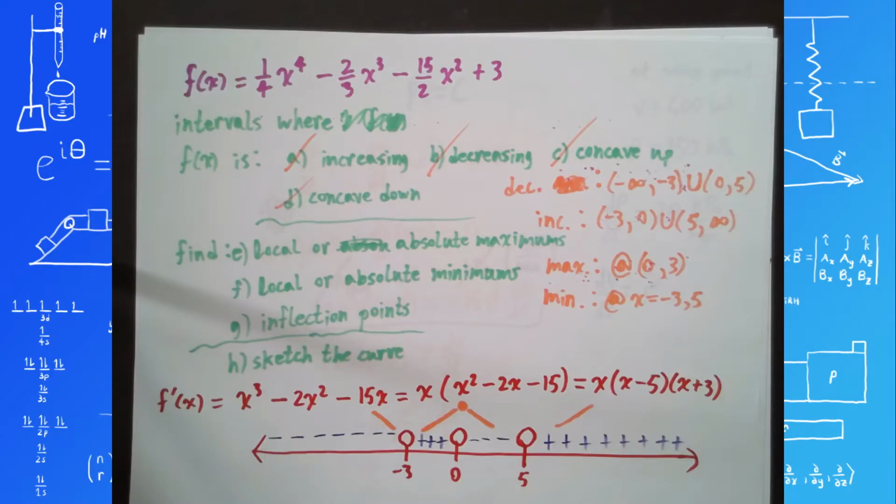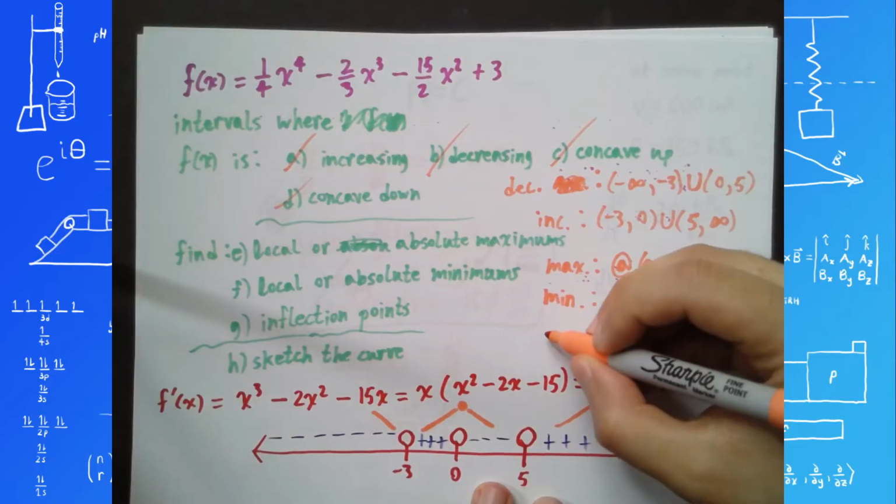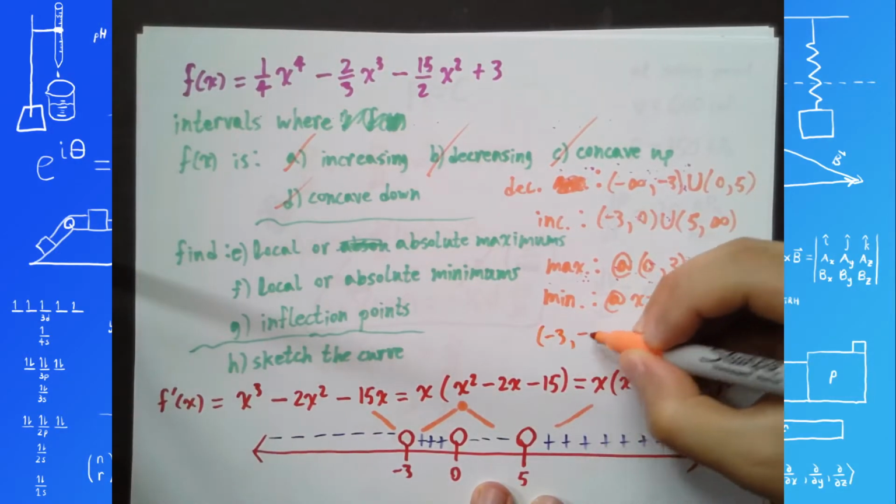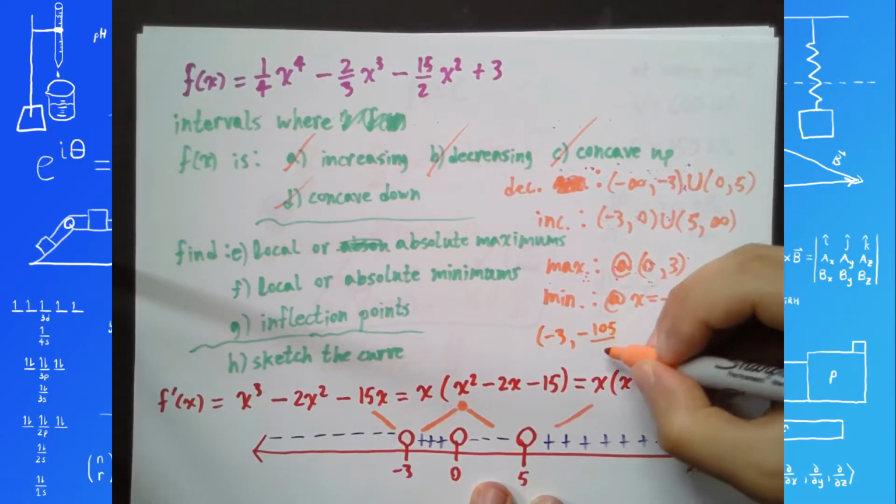And it simplifies to negative 105 over 4. So we've got (-3, -105/4).